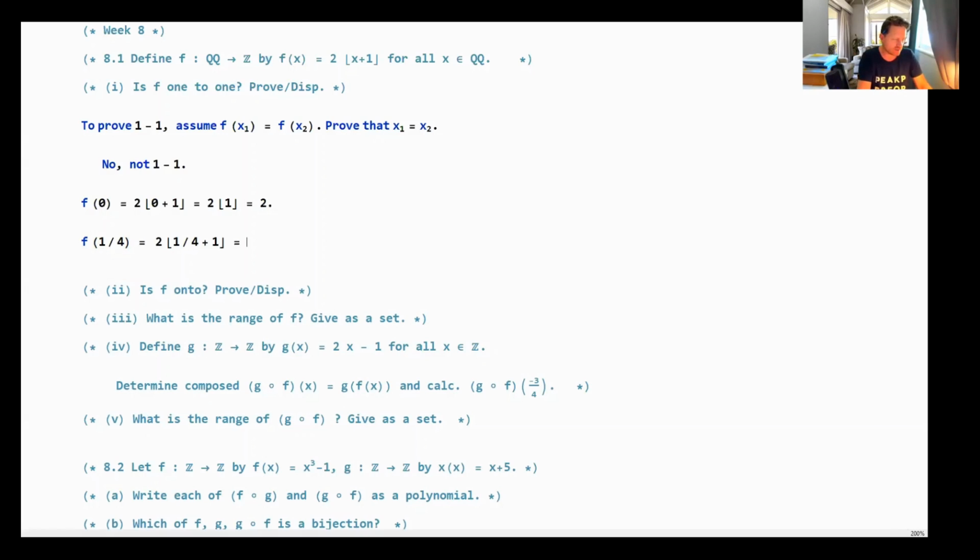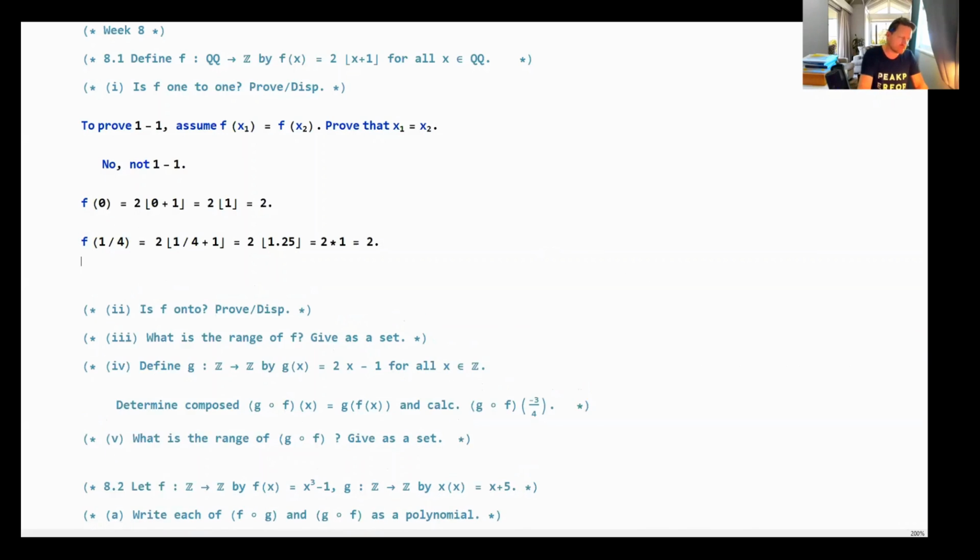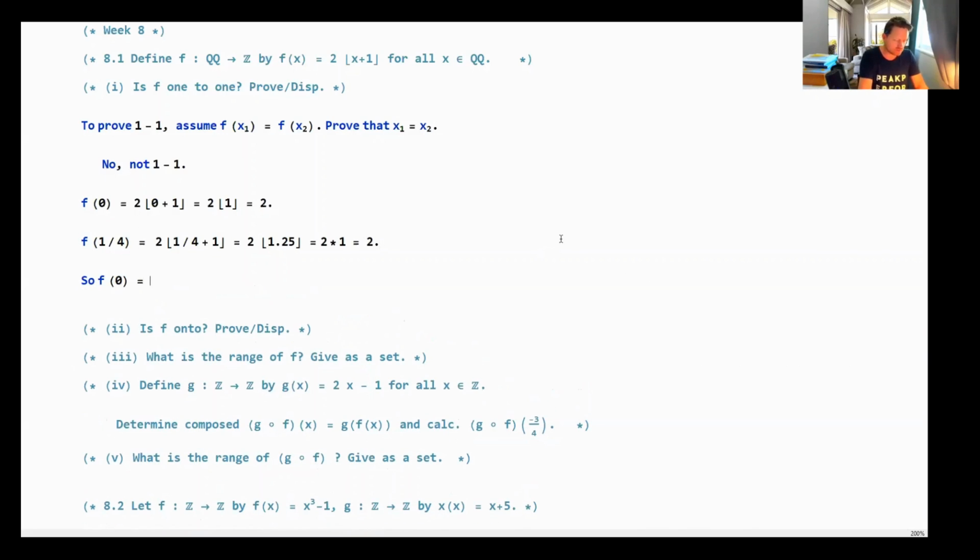So this is twice the floor of 1.25, and so this is just 2 times 1, which is 2. So we see here that f of 0 is equal to f of 1/4, but 0 is not equal to 1/4. Hence, not one-to-one.